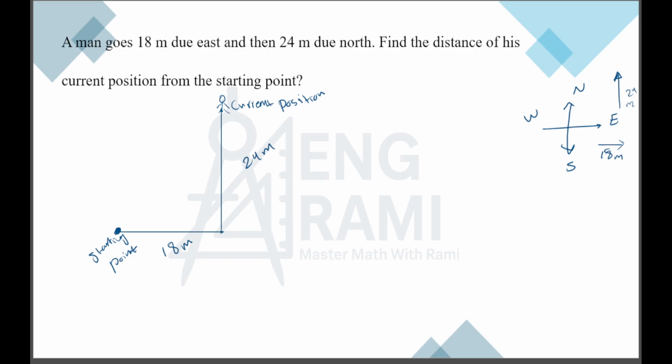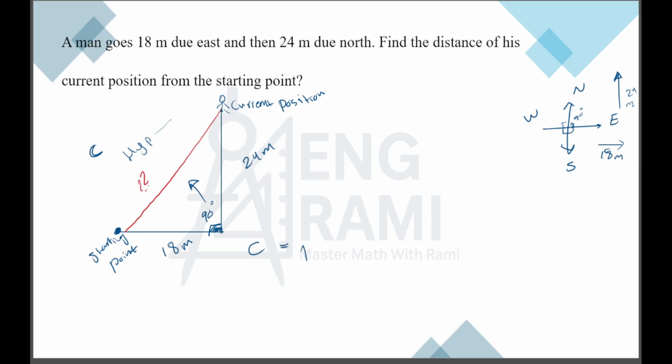He wants us to find this length. This is a triangle, 3 sides, and this is a right triangle since this angle is 90. So this represents the hypotenuse of this right triangle. So what is the distance from the starting point to the current position, which represents the hypotenuse of the right triangle? So let us say that this is C.